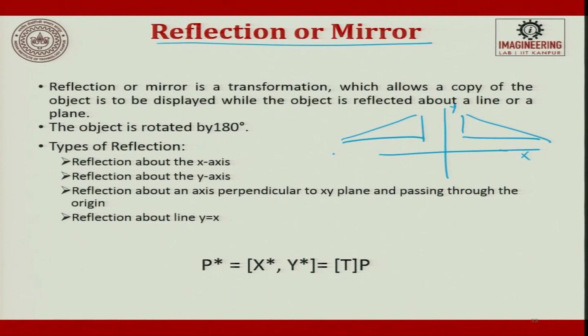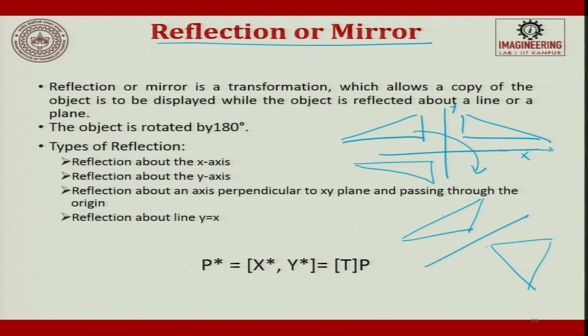So, you can do it about y, you can do it about x, you can do it across the axis. You can also do it about a line. For example, this is a line, I have an object like this, so you can have a similar object like this.